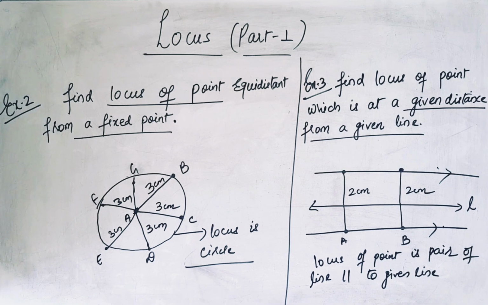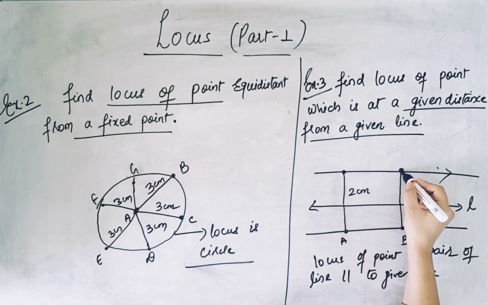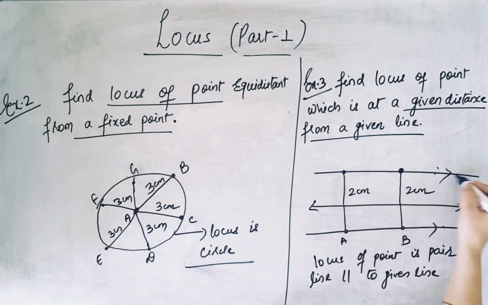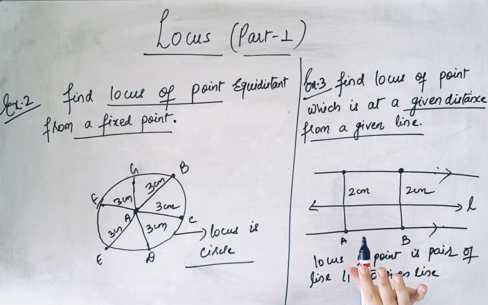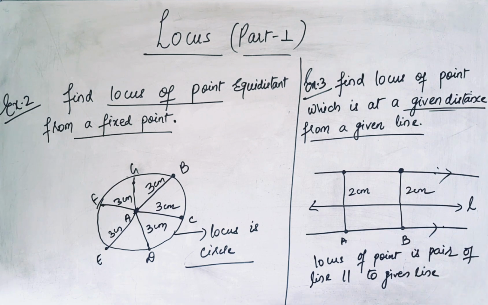So this is all about locus, nothing else than that. Locus is the path traced by moving points, that points are moving under certain given conditions, whatever conditions are given to us.